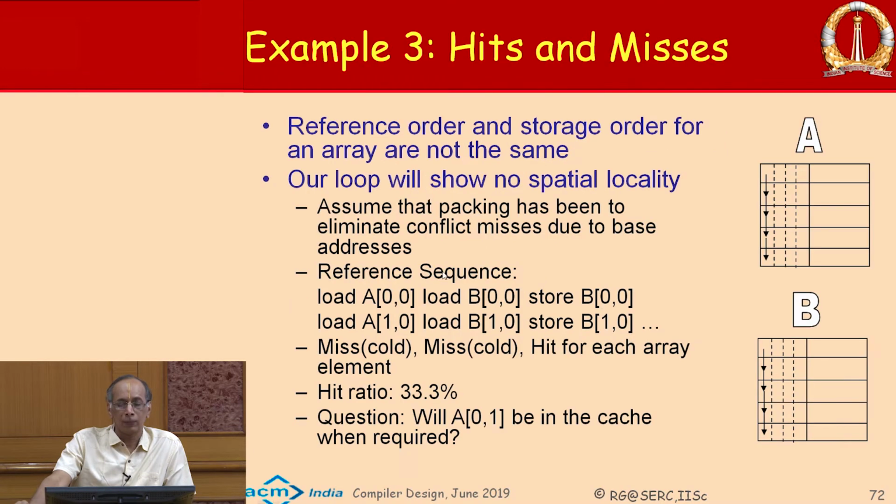In this particular case, because you do a load of B00 and then a store, one of them is going to be a miss, and the other one which you access immediately would be a hit. So, of these three accesses, there will be two misses and one hit. That is why you are getting 33%. If the store had not been there, you would have got 100% misses.